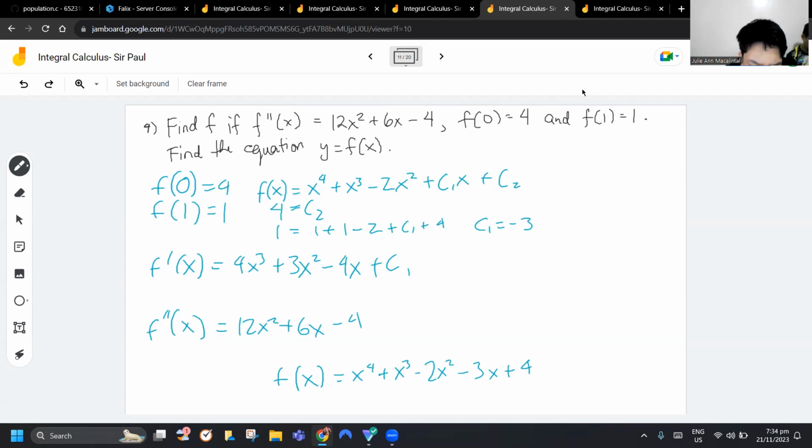So we can finally get our wanted expression by plugging in all that we know. So here we go. It's f(x) is equal to x to the 4th plus x cubed minus 2x squared, C1 is 3, C1x, C2, which is 4.